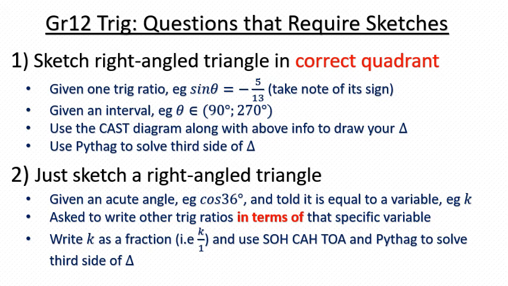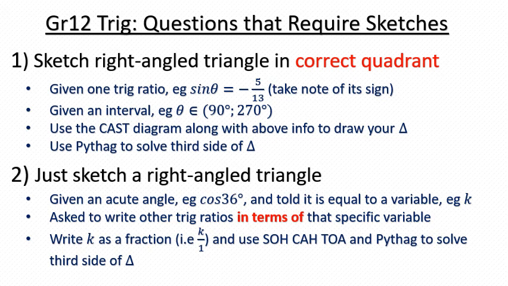But because we know we are dealing with a specific acute angle, we know that we're working in quadrant 1. So all you actually have to do is sketch a right angled triangle, fill in the degree, and then also use Pythagoras to solve the third side of the triangle, but that third side will be written in terms of the variable, in terms of k.